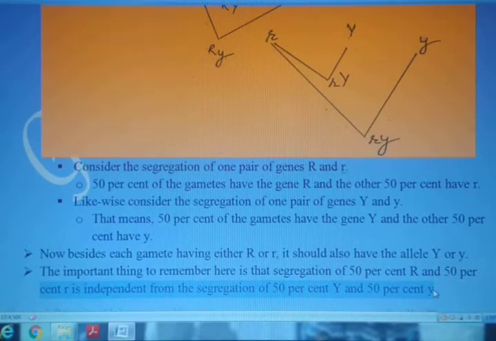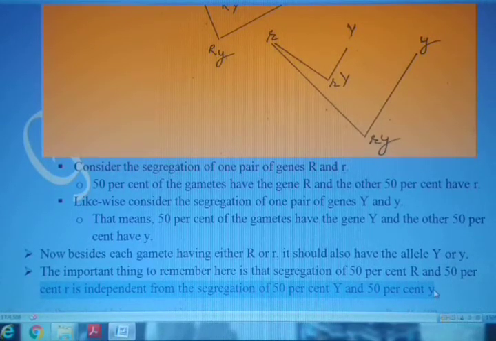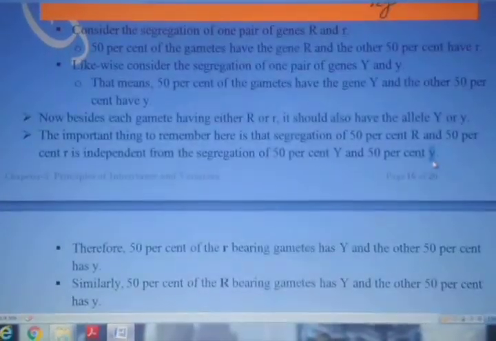It is important to note and keep in mind that segregation of 50% of capital R, the dominant gene for shape, and the 50% recessive gene for the wrinkled seed, small r, is independent of the segregation of the 50% dominant gene for color, capital Y, and the 50% recessive gene for color, small y.